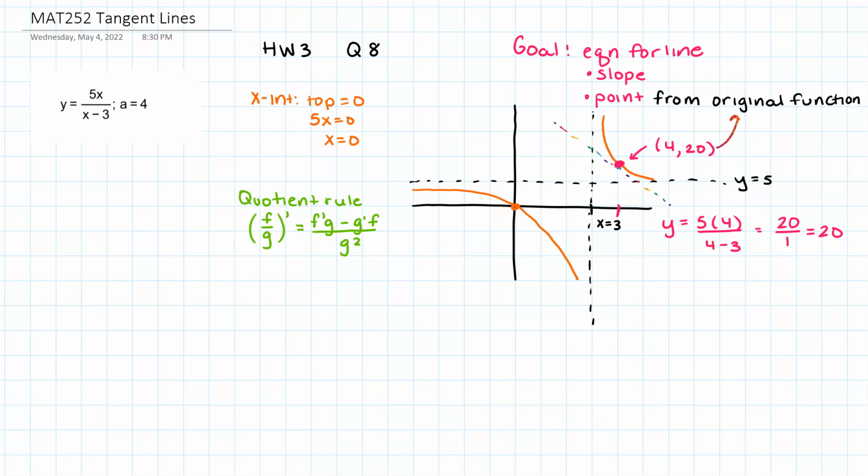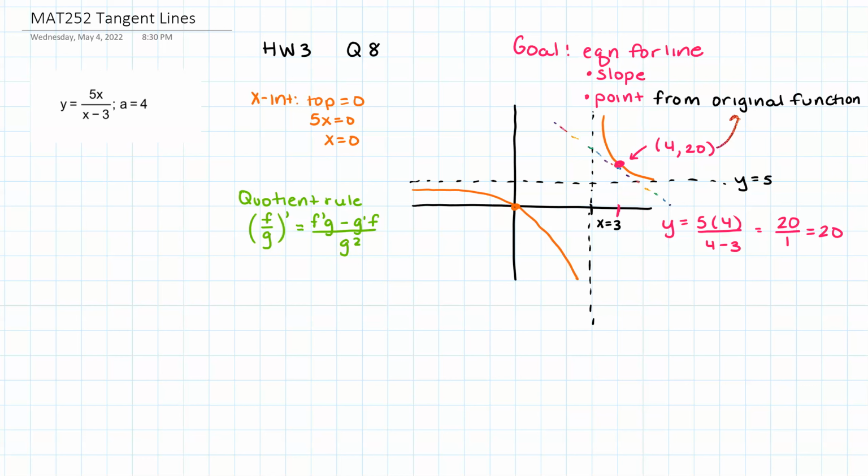And the more you use it, the better you remember it. I had a student who called this fig and gif, because f prime g looked like fig and g prime f looked like gif. The product rule was fig plus gif, and the quotient rule was fig minus gif over g squared. There are lots of ways to memorize the quotient rule, but eventually you memorize it.